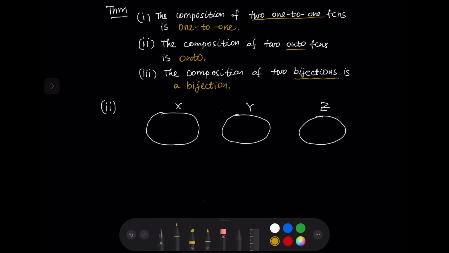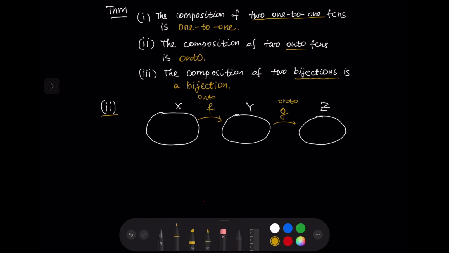So we are not going to give the formal proof of this theorem. We are going to discuss the statement II just to get an intuitive understanding of why this statement is true. So suppose we have a function f from the set X to the set Y, and suppose we have a function g from the set Y to the set Z. And suppose that f is onto and g is onto.